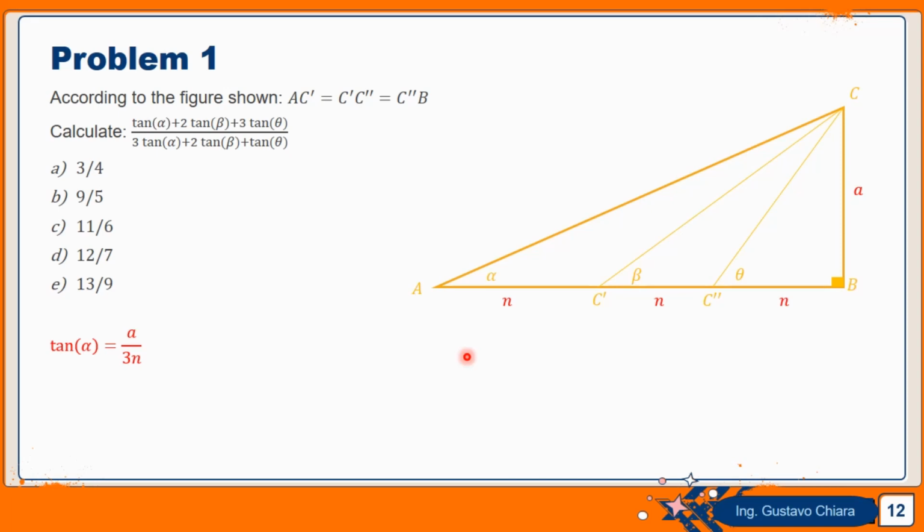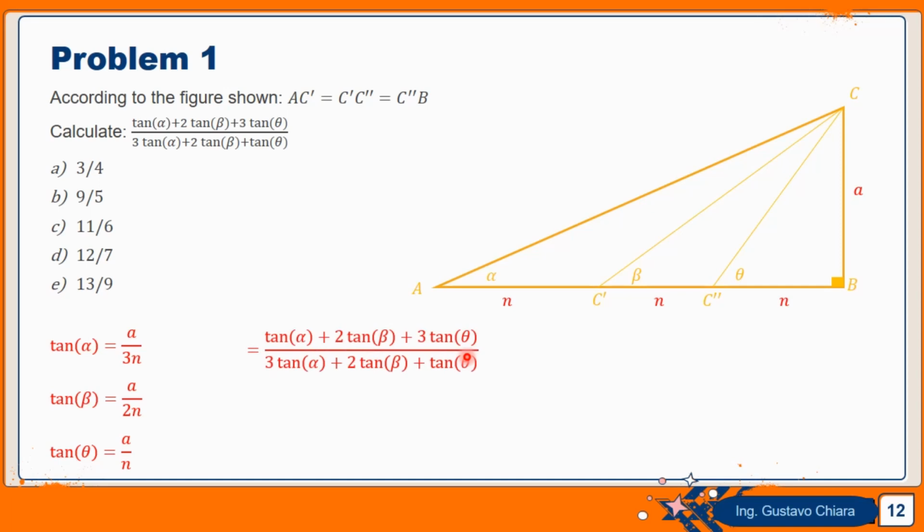Tangent of alpha is defined as the opposite leg divided by the adjacent leg, so in this case, a divided by 3n. In the same way, the tangent of beta is equal to a divided by 2n, and the tangent of theta is equal to a divided by n.